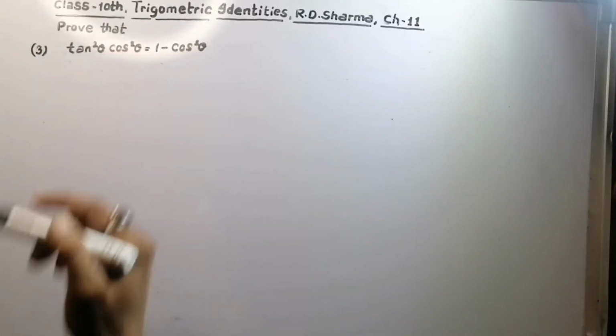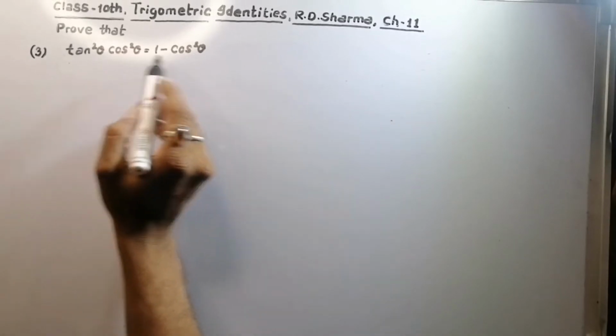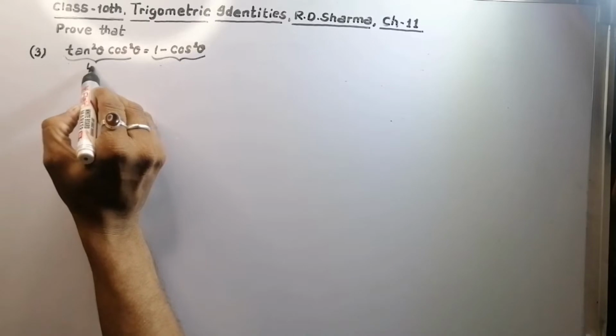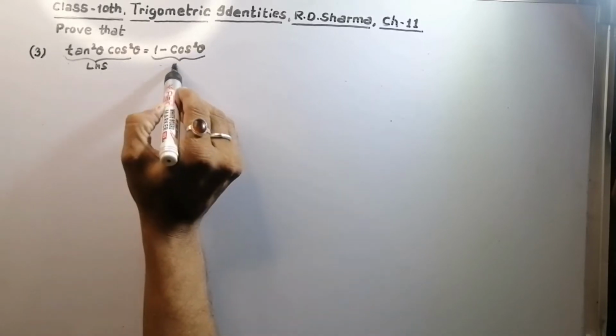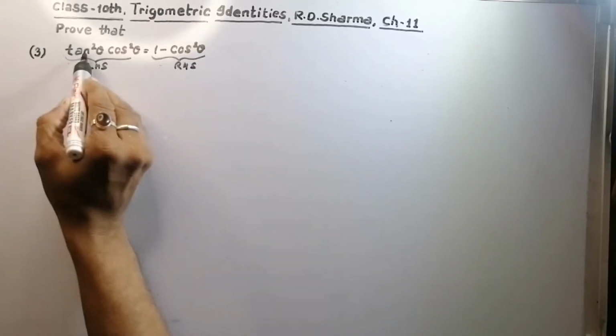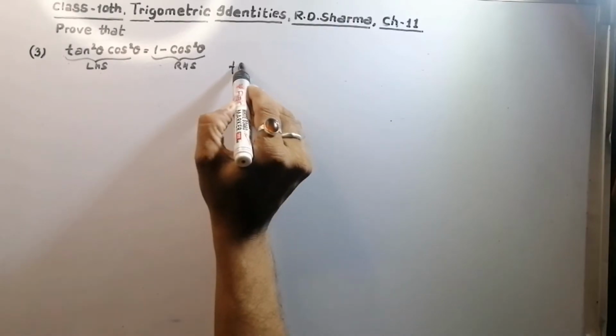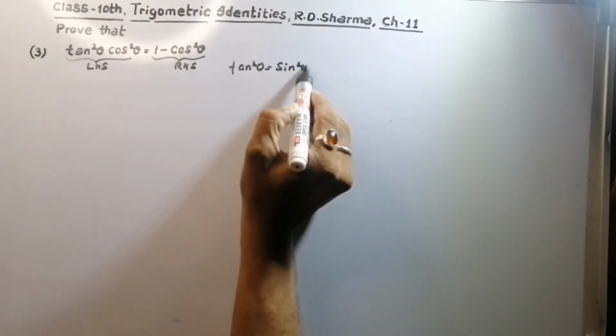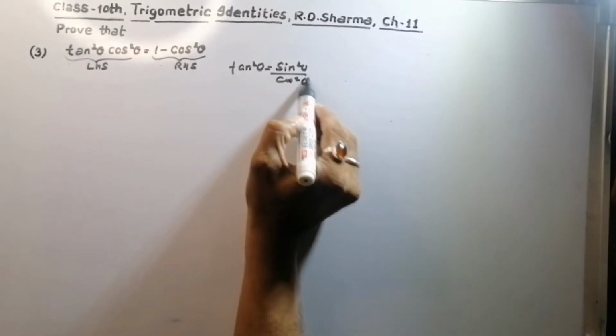Question number 3. Tan square theta into cos square theta is equal to 1 minus cos square theta. So the left hand side is tan square theta into cos square theta, and the right hand side is 1 minus cos square theta. Tan square theta is equal to sin square theta upon cos square theta.